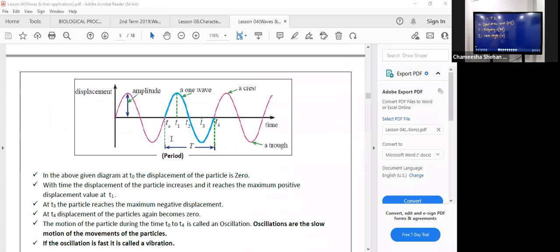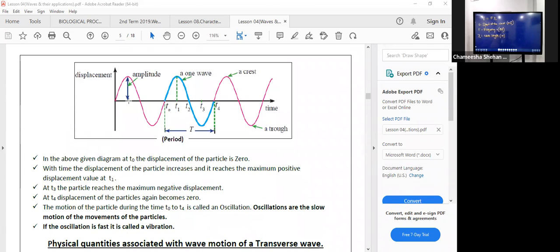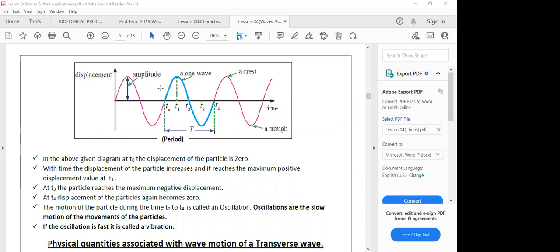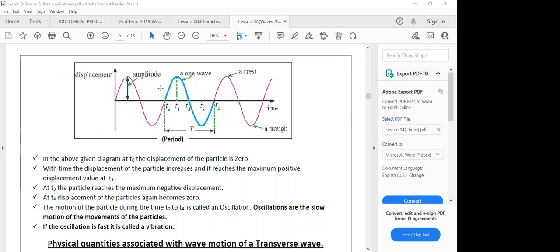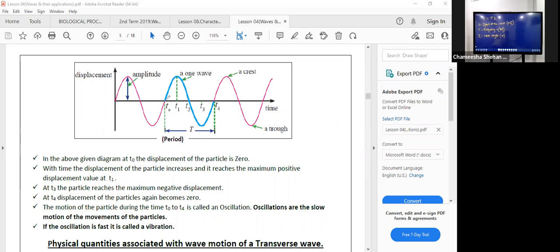There you have a wave given here, with some details indicated. Yes, sir. In the above given diagram, at T0, the displacement of the particle is 0. The particle has no displacement at all.